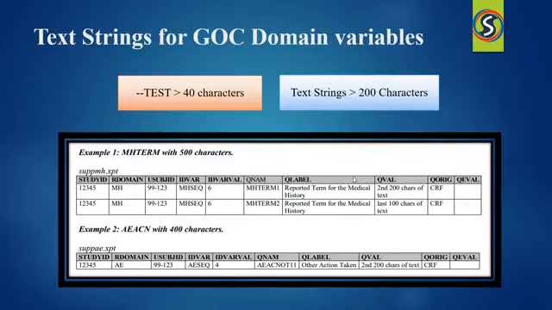Now let's also see about the text strings based upon the general observation class domain variables. If your test name is greater than 40 characters, sponsors may have test descriptions, that is the TEST variable, longer than 40 characters in their operational database.